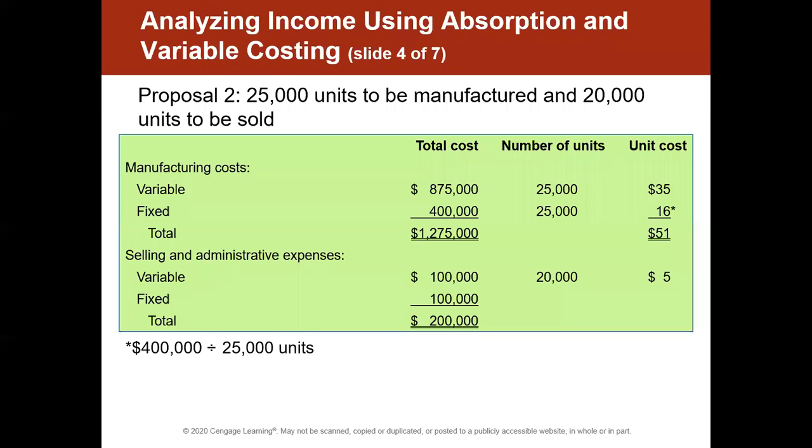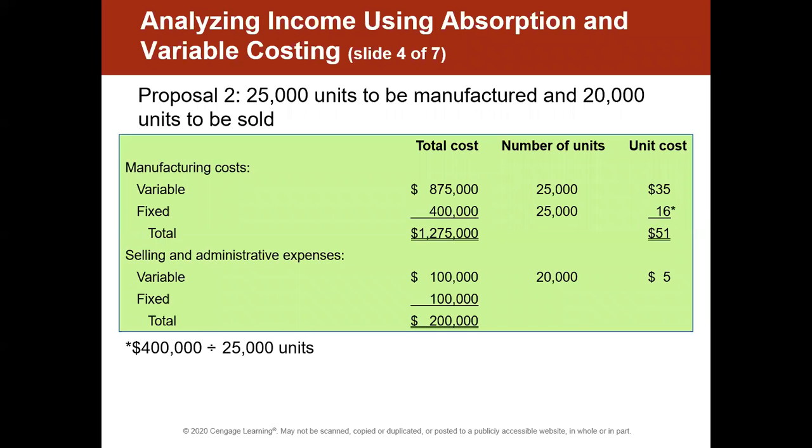Let's go back. So here, look, with 20,000 units, our variable cost is $35 per unit, and our fixed manufacturing costs are $20 per unit, giving us a cost of $55 per unit.